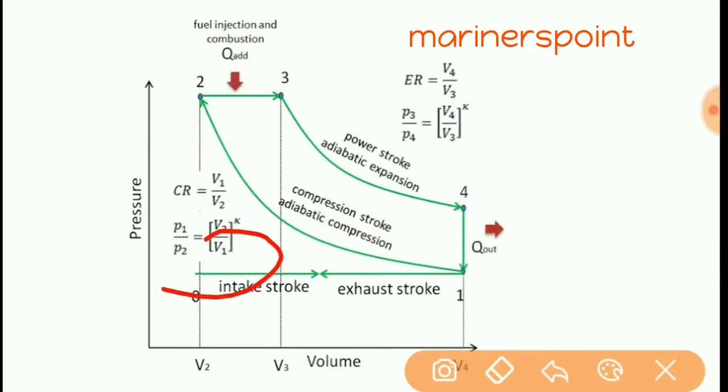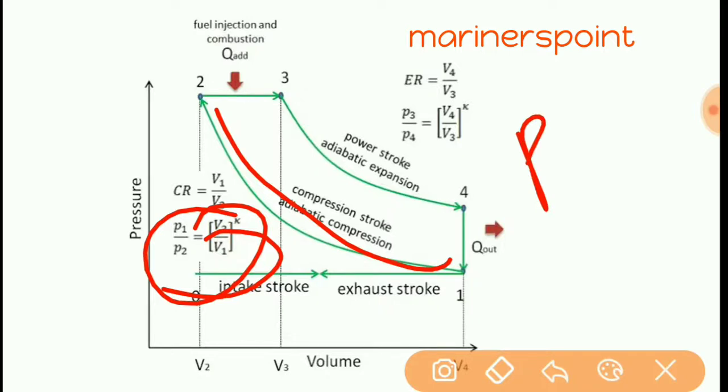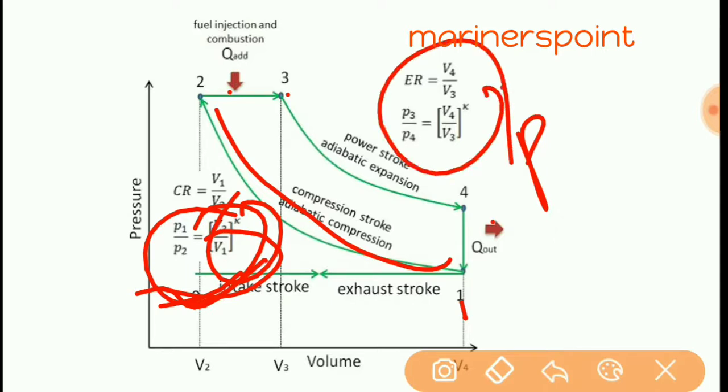And this is the adiabatic compression. We have one relation you can remember, maybe a question comes, then you can solve by this method. P1 by P2 is equal to V2 by V1 to the power k, and the same for P3 by P4, V4 by V3.